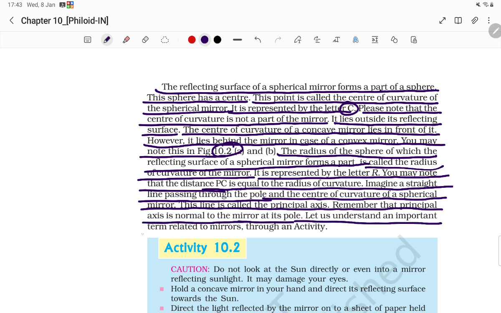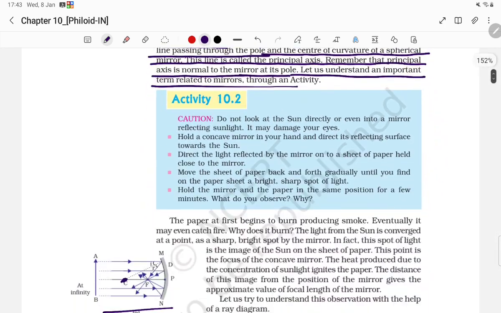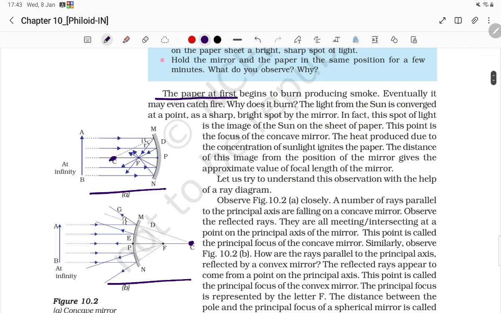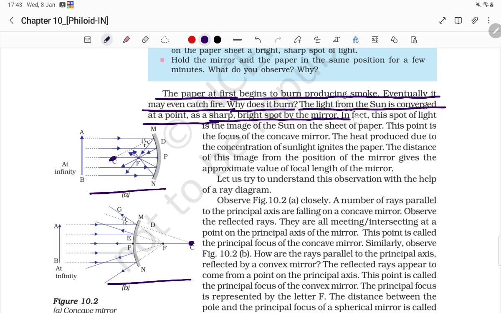Let us understand important terms related to the mirror through an activity. The paper at first begins to burn, producing smoke. Eventually it may even catch fire. Why does it burn? The light from the sun is converged at a point as a sharp, bright spot by the mirror. In fact, this spot of light is the image of the sun on the sheet of paper.